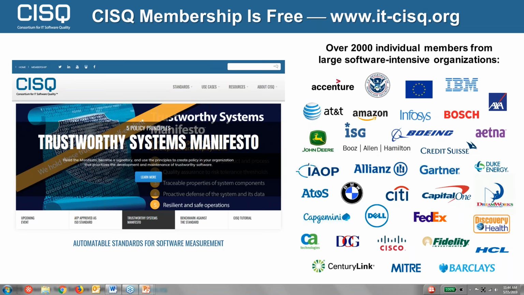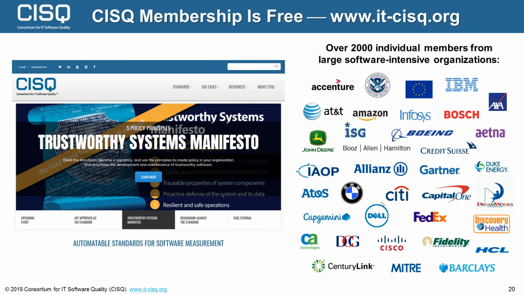Look, this work is going to continue, and our big issue now is getting these standards deployed. They exist, they're available. We've seen them used in some government contracts. The French government requires you to report the size of a system you're building for them in automated function points. There's a number of U.S. government agencies that have written CISQ into their RFPs and are starting to use those as a way to evaluate the software that they're getting from their contractors.